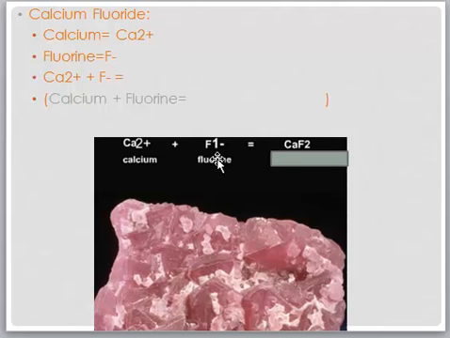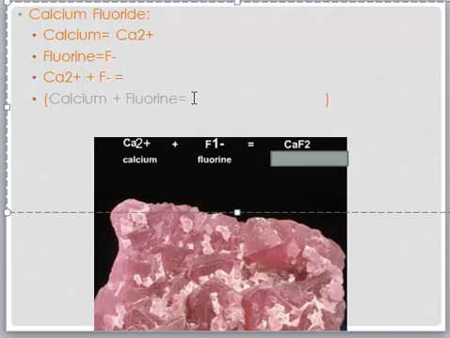But remember, in general applications you do not put that 1 there. When you combine the calcium, Ca2+, plus that negatively charged fluorine atom, it gives us calcium fluoride.